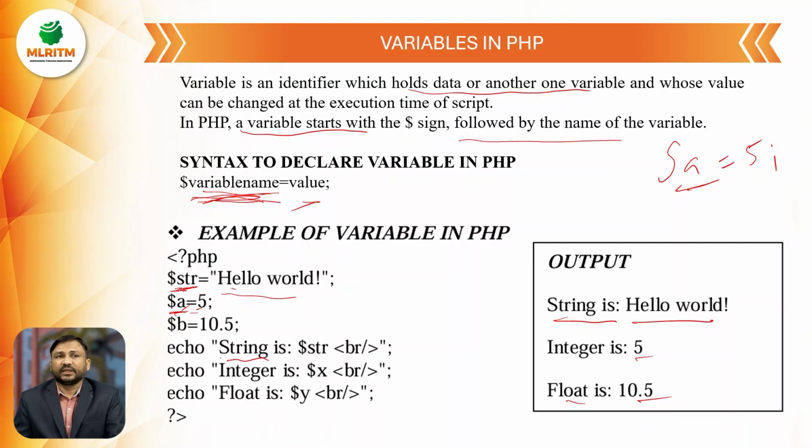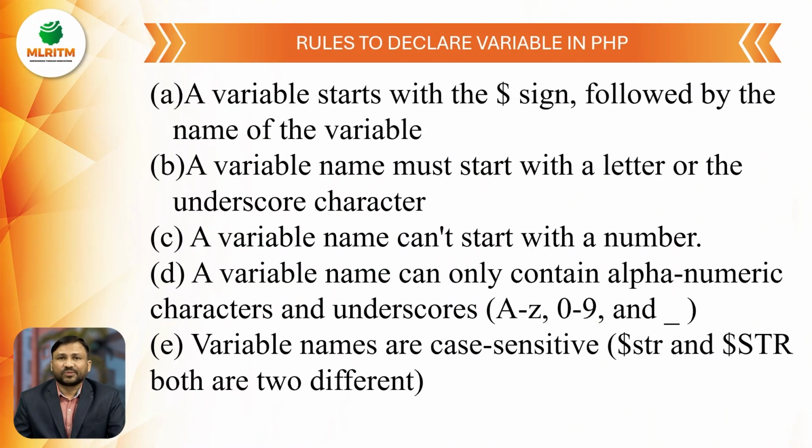Now we'll see some of the rules for how to define these variables. We need to follow certain rules for declaring variables in PHP. They are common to other programming languages like C, Java, or C++.